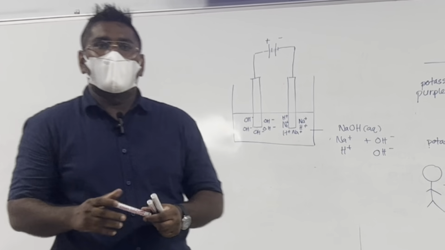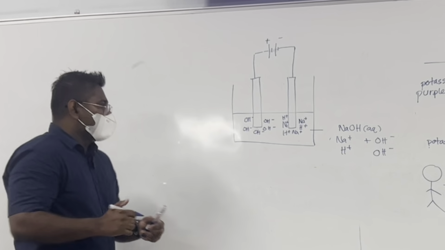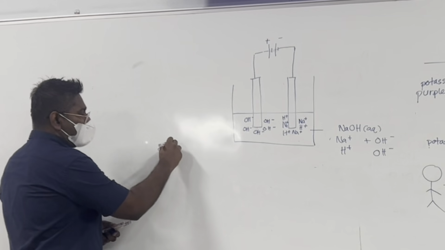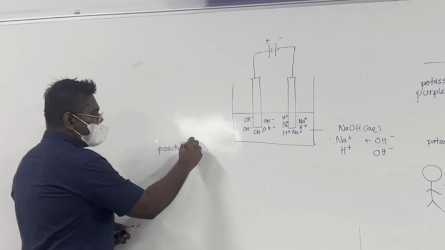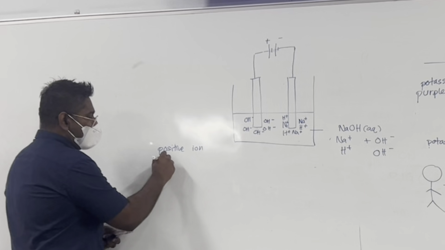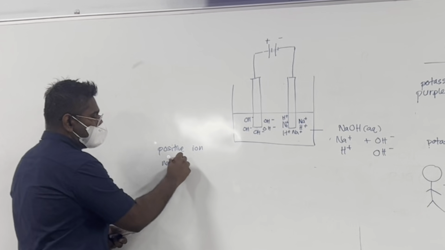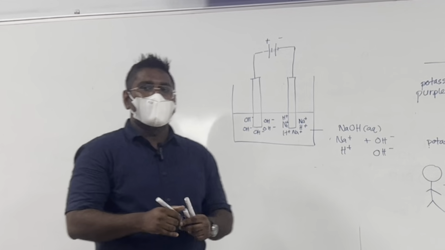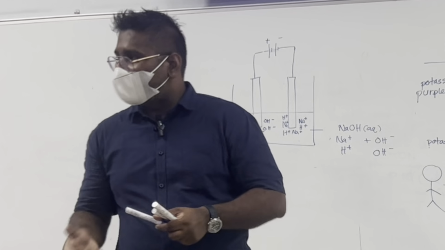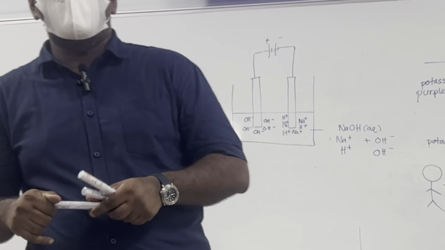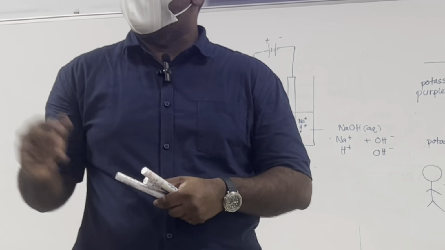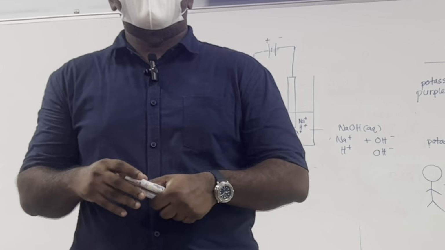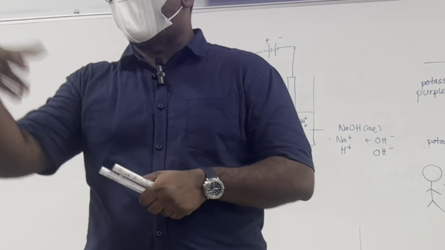Another thing you need to know is that positive ion and negative ion are also known in chemistry by other names, which are cation and anion.